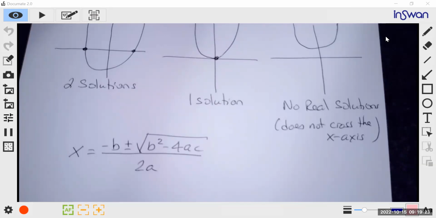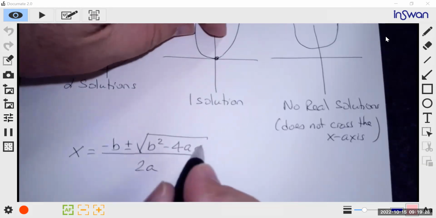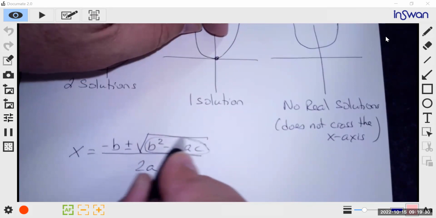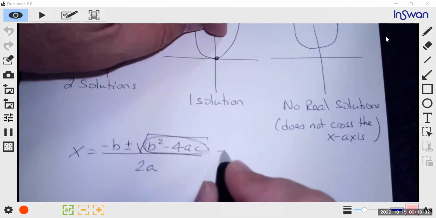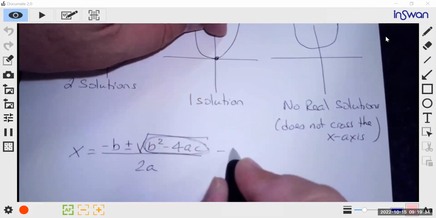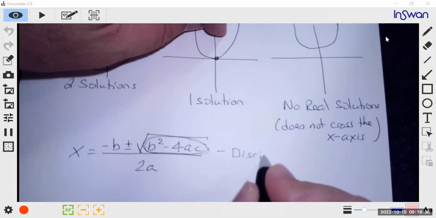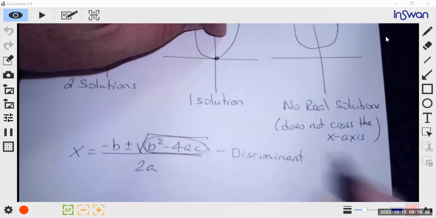Something inside there tells us whether we have one, two, or no solutions. This part right here is called the discriminant.